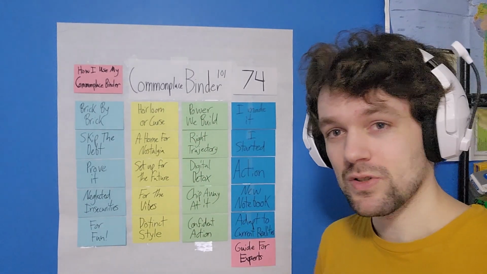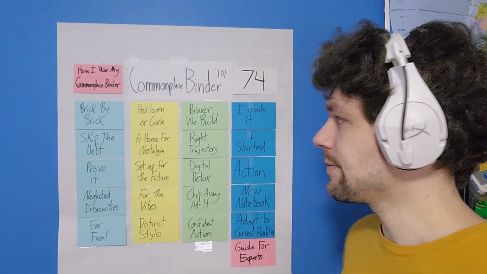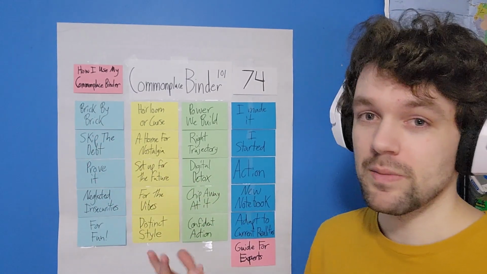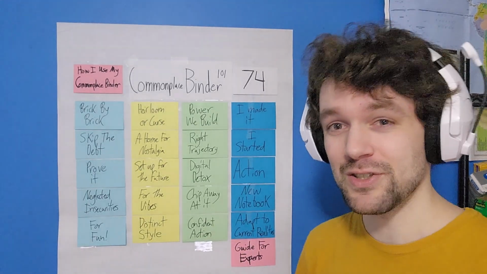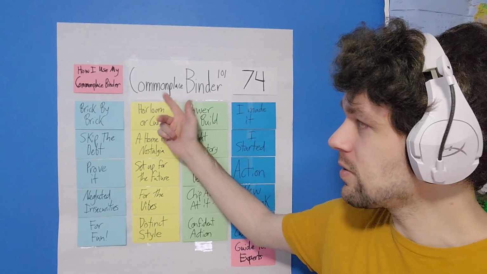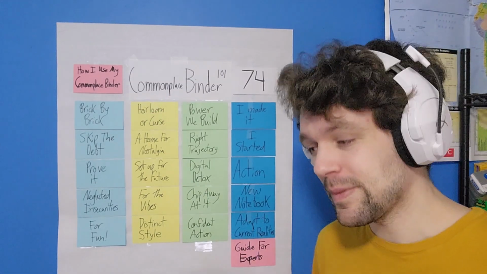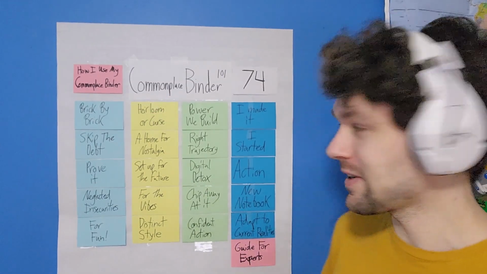So chip away at it. We're just going to work on the thing. Brick by brick. More like page by page, as we talked about earlier. Confident action. So if you write down all the ways to do the thing, it might be some of the ways don't work out.